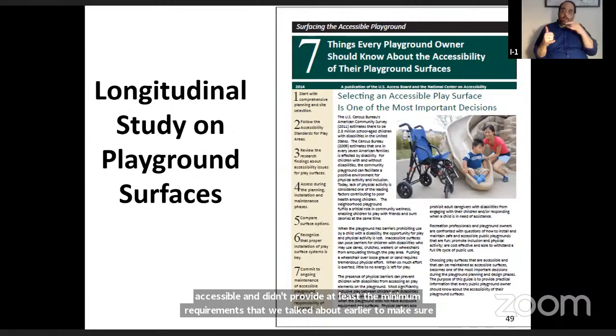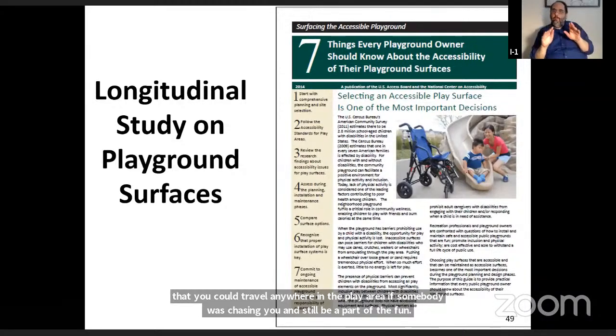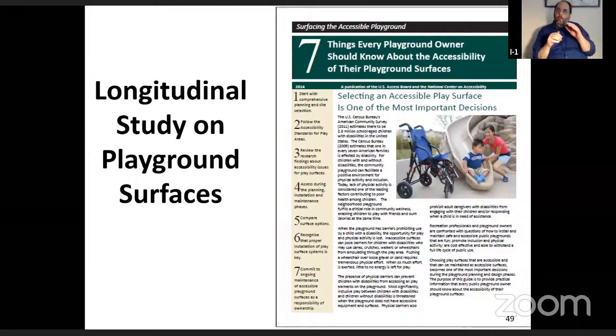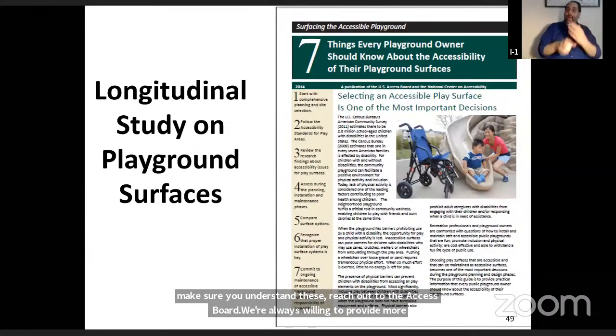So if you're someone that's doing the bidding, or you're over your play areas in your community or at your facilities, make sure you understand these. Reach out to the Access Board. We're always willing to provide more information to you, and the manufacturers of these can provide you with a lot of information.